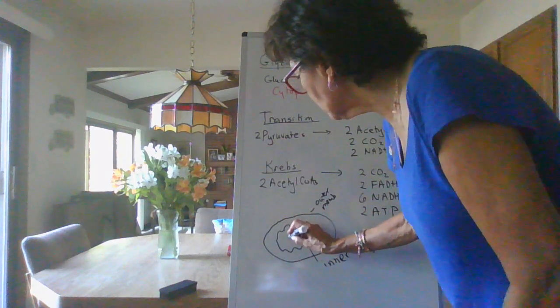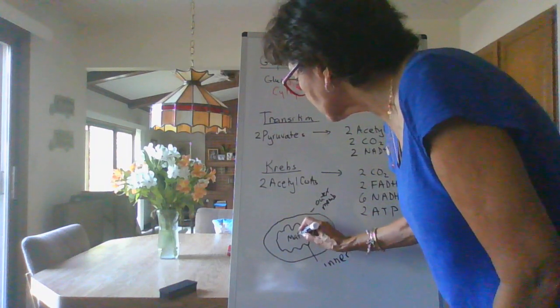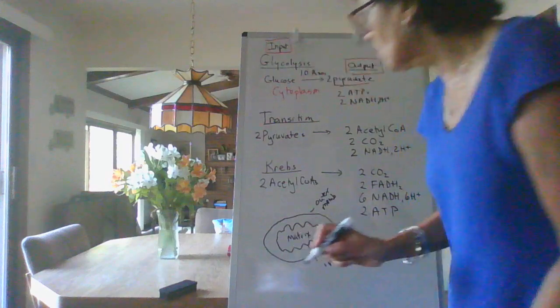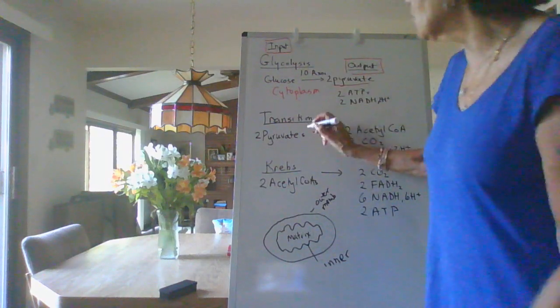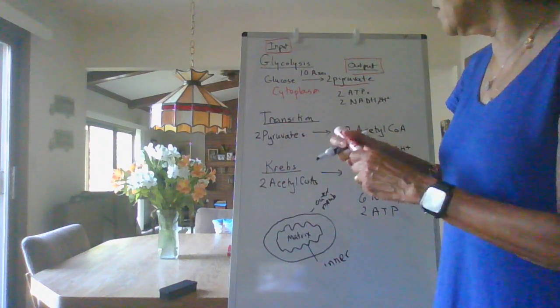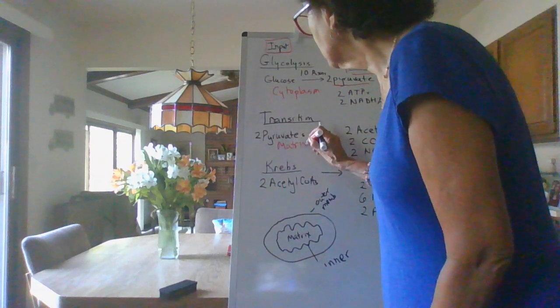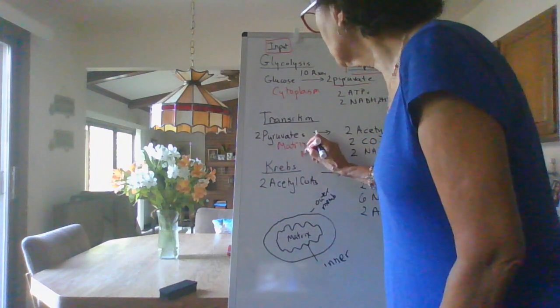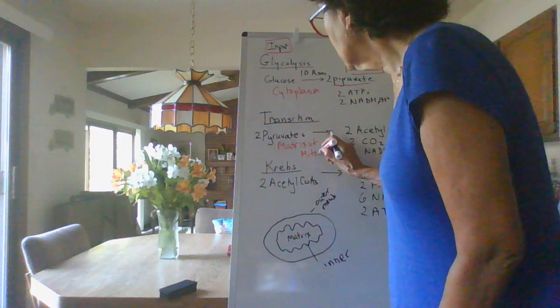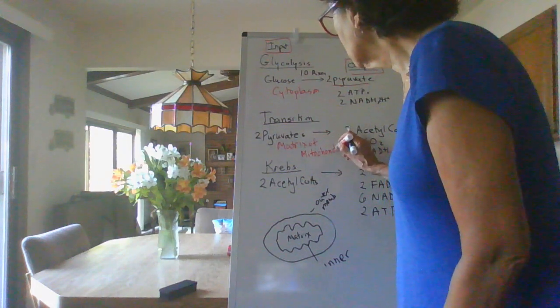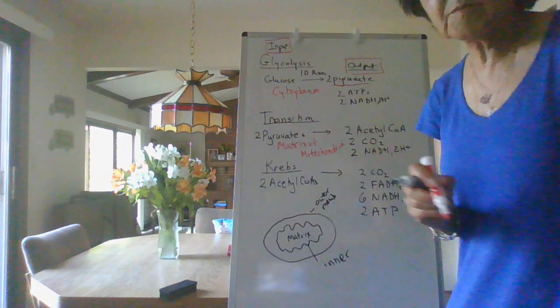And then this part in the middle here, this is called the matrix. All right, so the transition reaction, this is in the matrix of the mitochondria. It takes up so much space, but you get the idea.